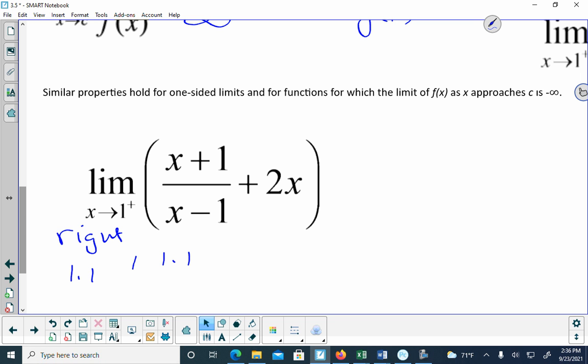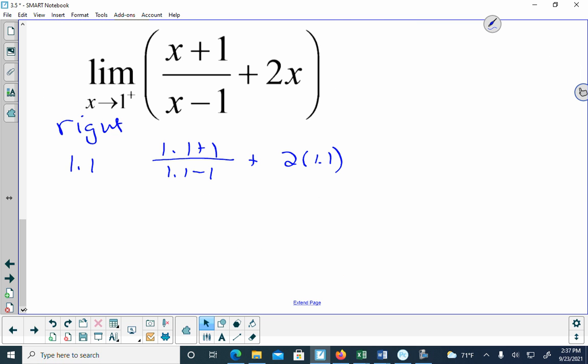So I'm going to have 1.1 plus 1 over 1.1 minus 1 plus 2 times 1.1. This is going to be positive, and this is going to be positive, so this is going to be positive infinity. And I'm going to add 2.2. So what's the whole thing going to be? Positive infinity.